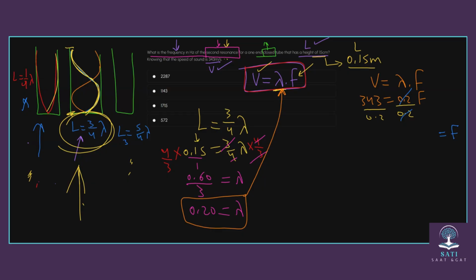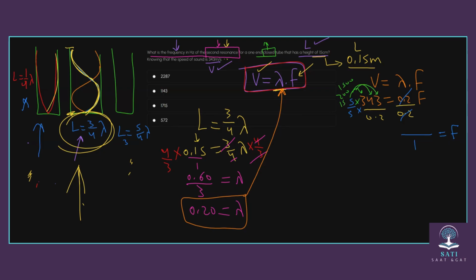What do we need to get rid of the decimal? We multiply both sides, up and down, by 5. Why did I choose 5? Because when I multiply 0.2 by 5, I get 1, so the denominator becomes 1. Now the numerator: 343 times 5. 5 times 300 is 1,500, 5 times 40 is 200, and 5 times 3 is 15.